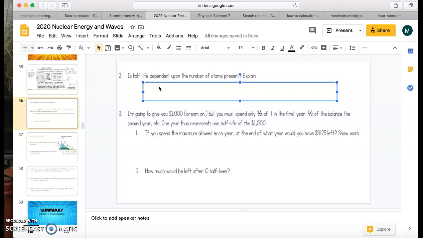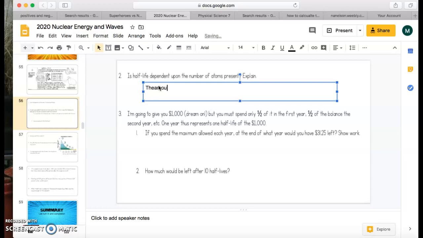So question number 2 isn't going to be as clear as I was hoping it would be because obviously we're not in person, but I will kind of explain to you. The half-life rate, in other words, the amount of time it takes for whatever it is, whether it be carbon-14, some imaginary element, to cut itself in half, okay? It doesn't matter how much you have, okay?